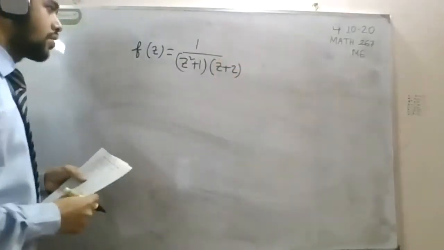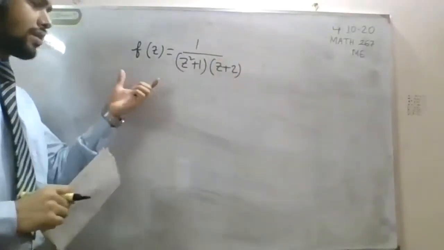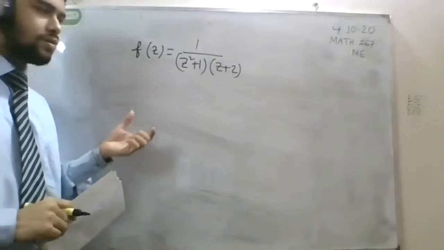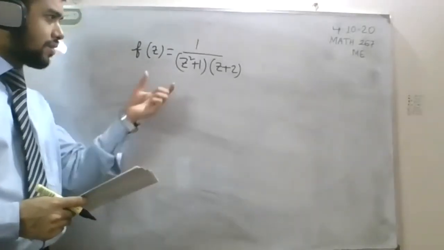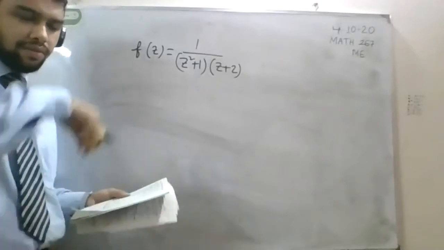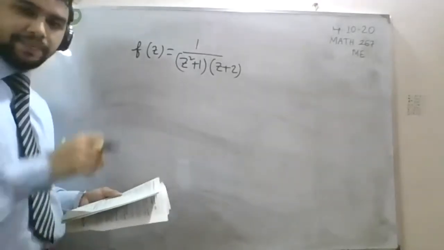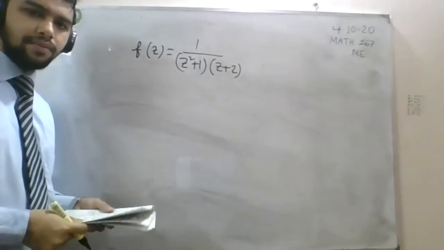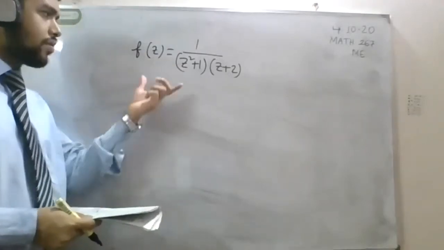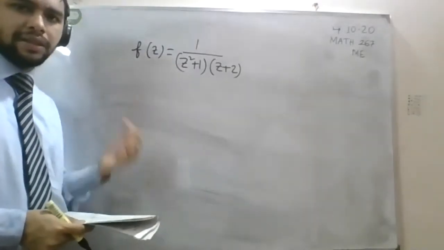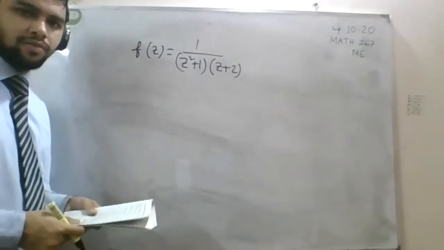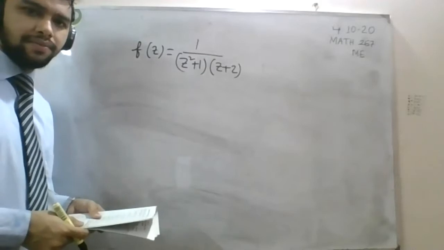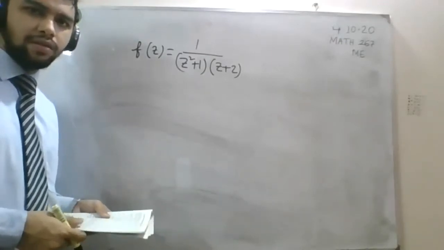So you have to solve this term by using partial fraction. So what will be the result for this type of function? What do we have to do in our next step for solving this? Anyone?